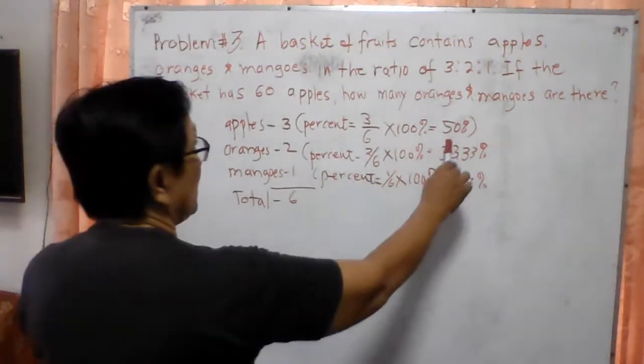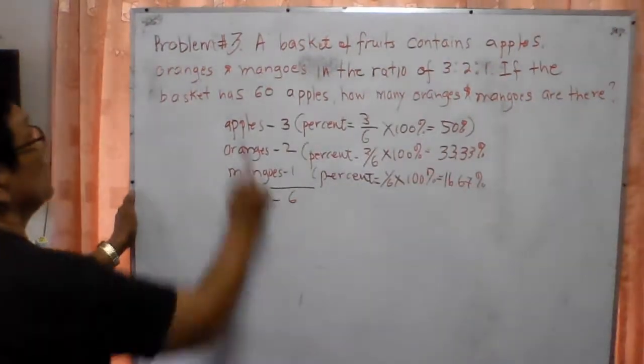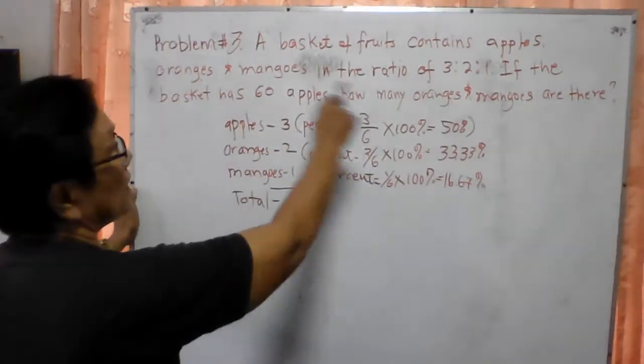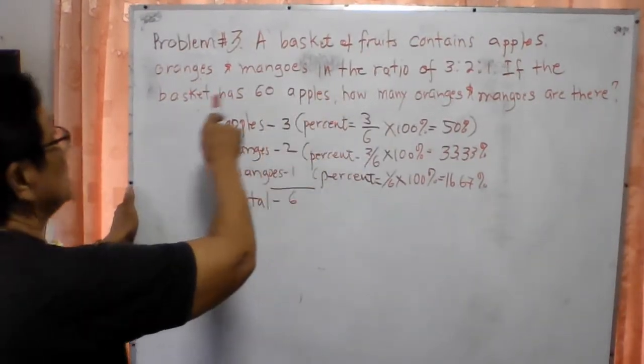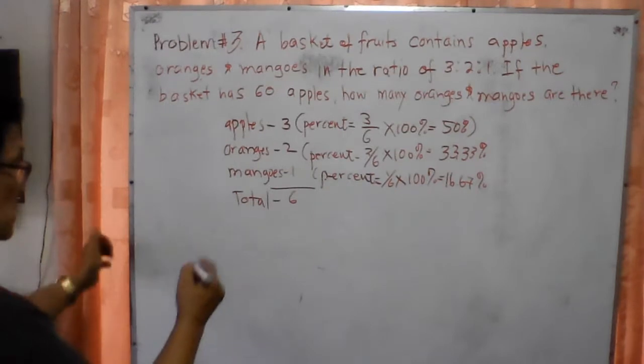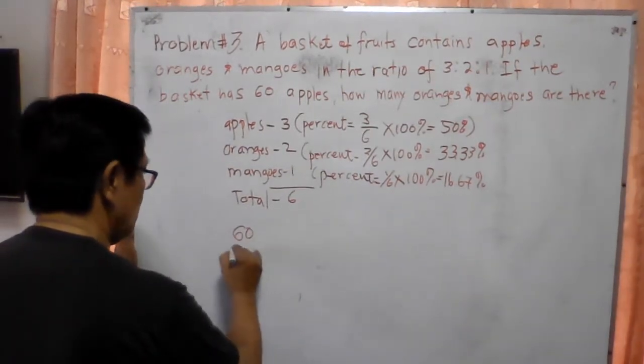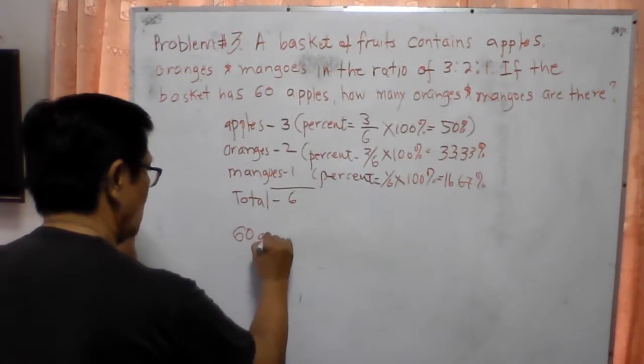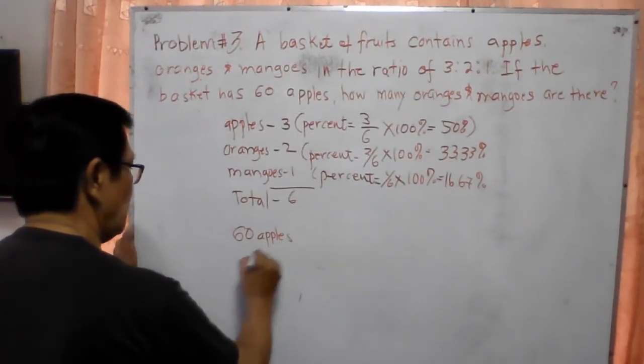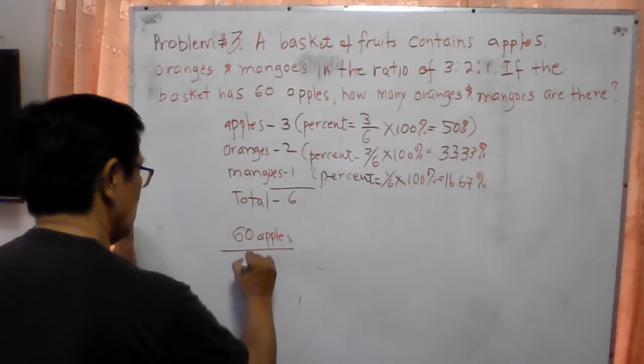So, if your apple is 50%, how many apples do you have? 60. 60 apples corresponds to 50%.